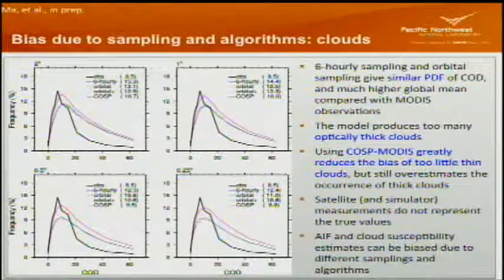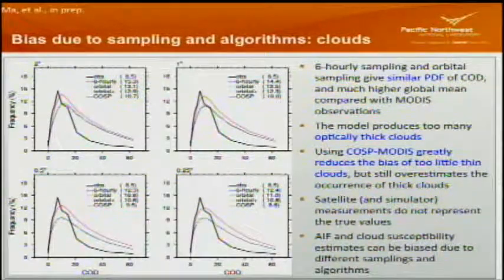Those are the lines you cannot distinguish. But you can see that they all overestimate the cloud optical depth. This is the mean value in the parentheses, and they are all at least 50% larger than the observations.